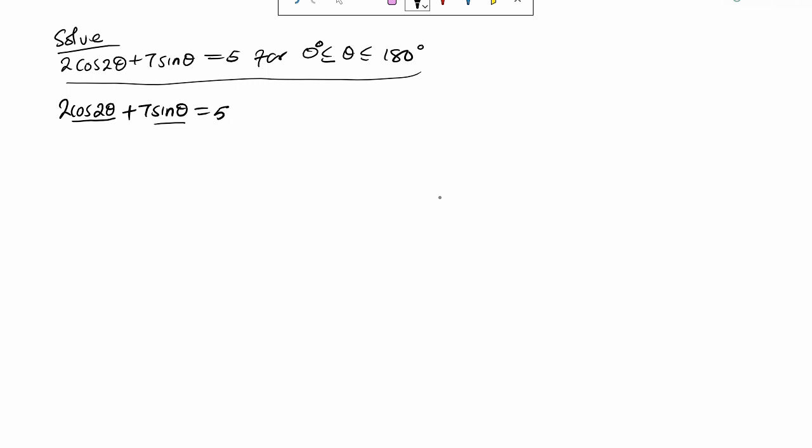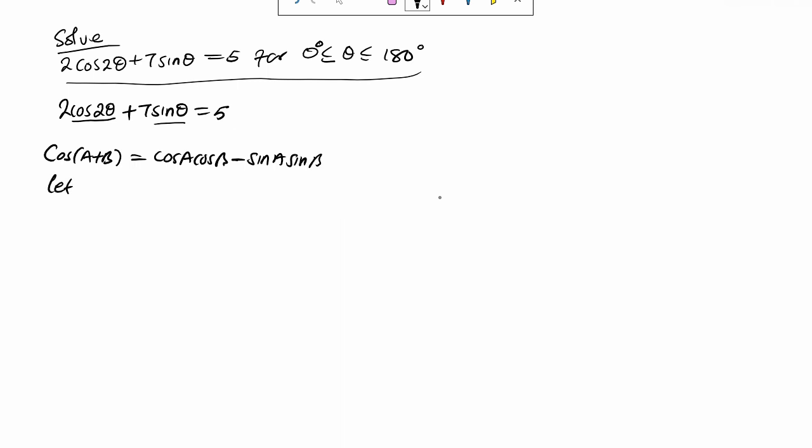And before we go there, let's remind ourselves of the compound angle formula for cosine A plus B, which states that this one equals cos A cos B minus sine A sine B.